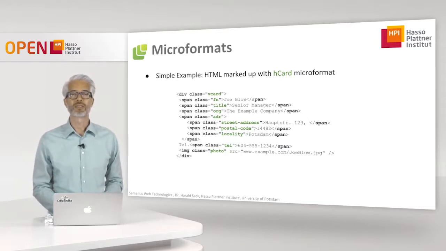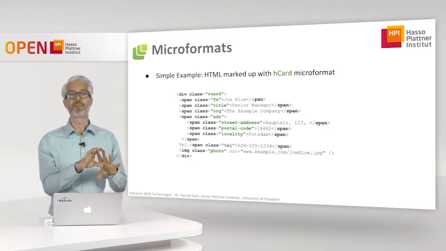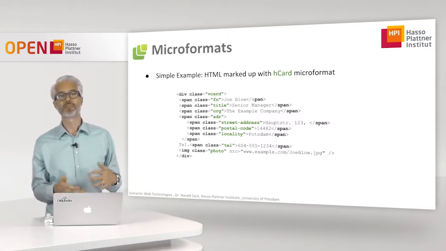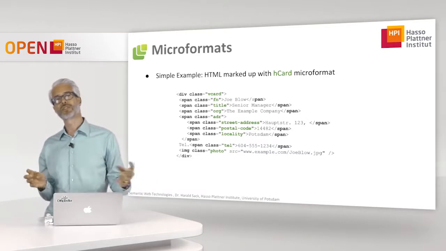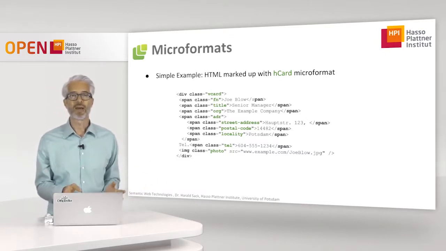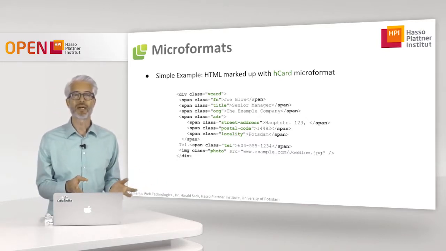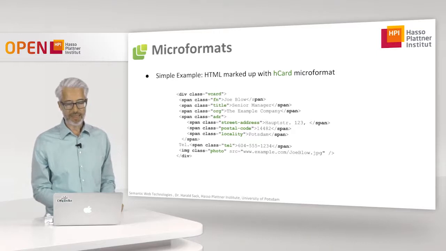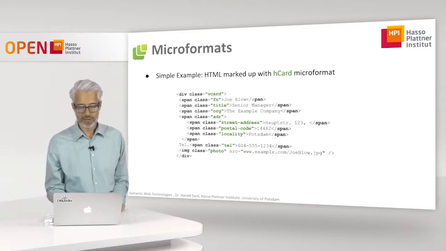First we say, okay, this is the class vcard, and then all the content which is embedded by this div tag is the vcard. Then there comes the next tag, a span tag, and all the content which is embraced by the span tag here is then fn, which is the formatted name, which is here Joe Blow, and then the next one is a title, and then you have an organization, an address, and so on and so on.